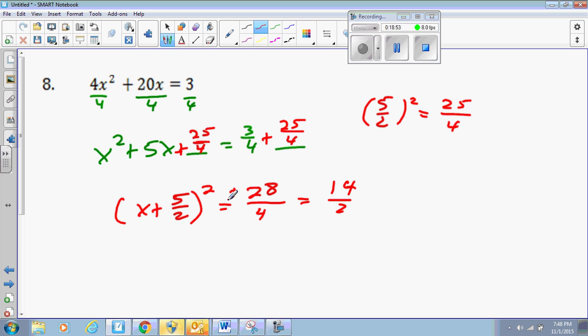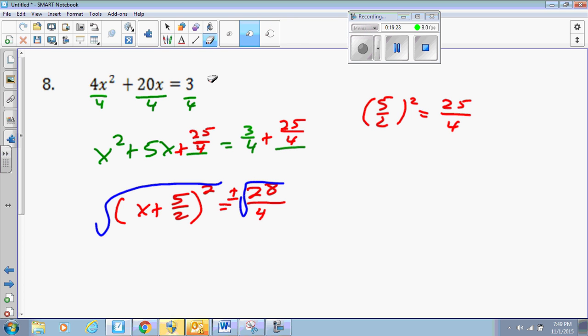I'm going to leave it like this because when I take the square root, I'd like that to be 2 on the bottom. I'm going to go through the steps now to finish up. I'm going to say square root of this and square root of that. Oh, you know what?